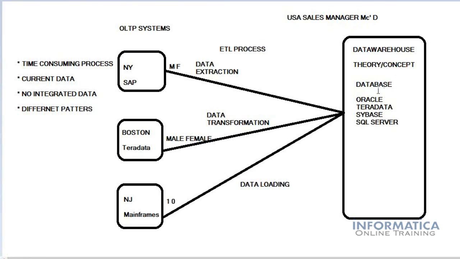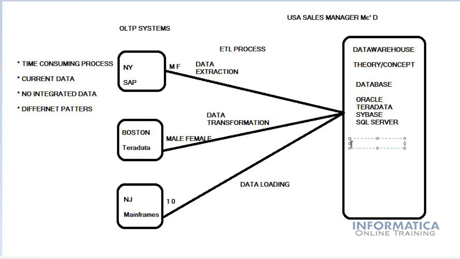So whenever you have the data in the data warehouse, what's going to happen? We are going to perform the business analysis. Every transaction from all the OLTPs, at the end of the day, will be loaded into the data warehouse.